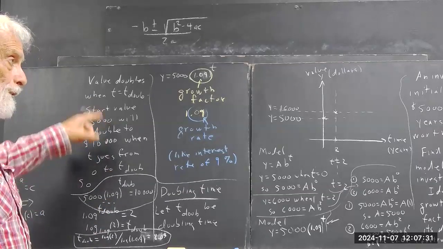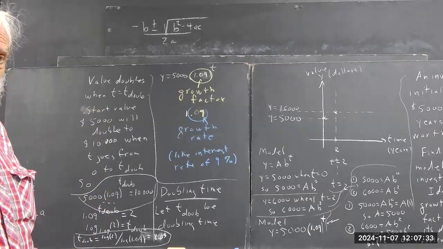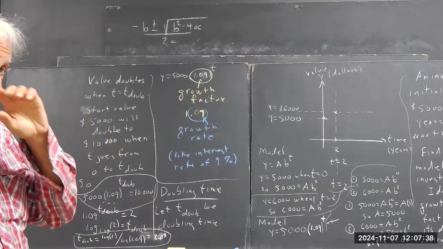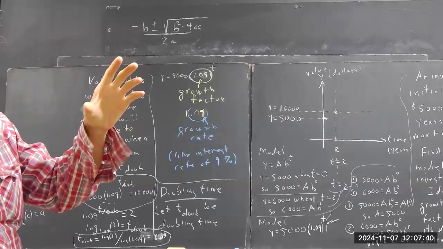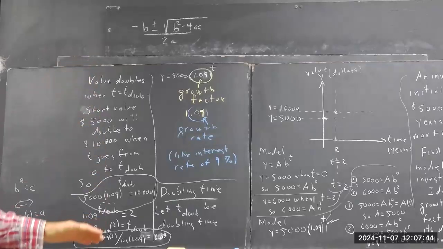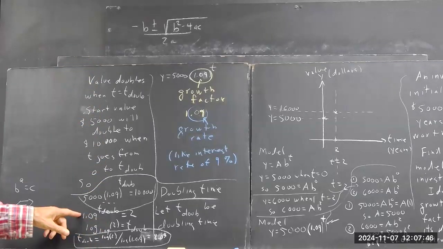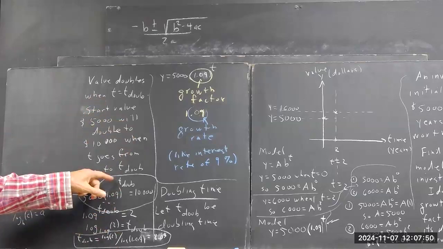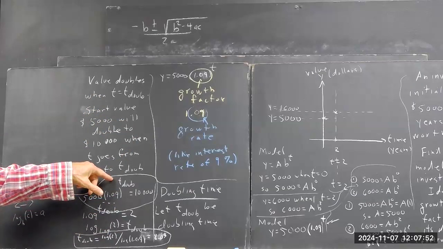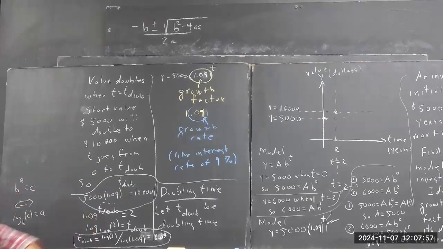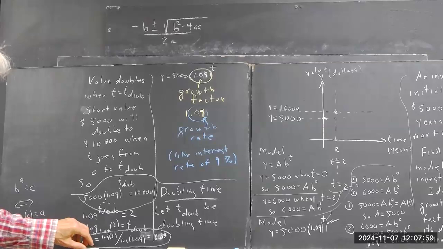Now, that's a concept you're going to probably have to wrestle with just a little bit. It's not overly difficult, but it's not something that's likely to pop into your head and make sense the first time you see a statement like this. You put it in your own words. In solving the equation, remember, if the doubling time is in the exponent, you're going to have to change this to logarithmic form and solve it that way.